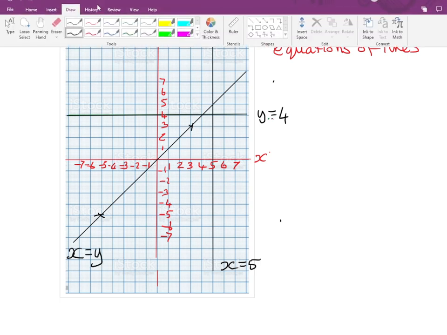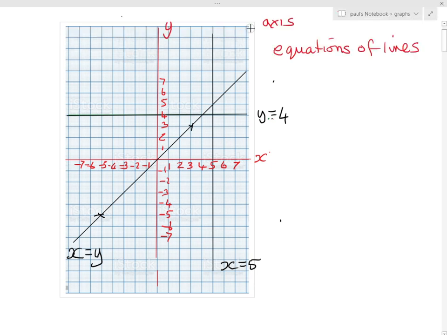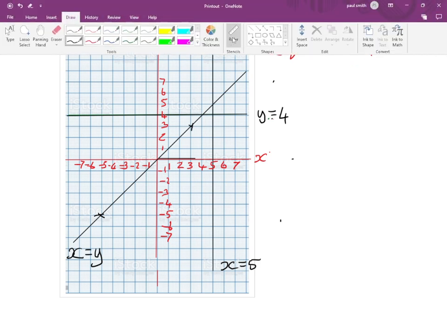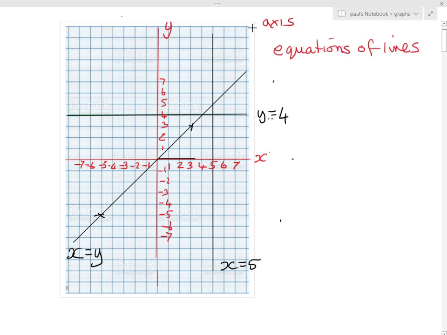Now, the fourth one is another diagonal line, but this time the diagonal line goes through the middle this way. And again, it's at 45 degrees. And come down to the side there.